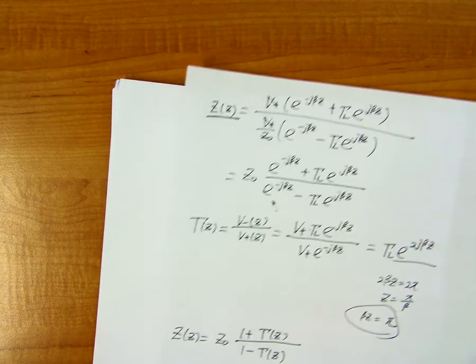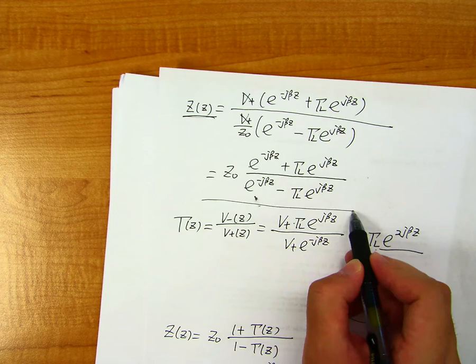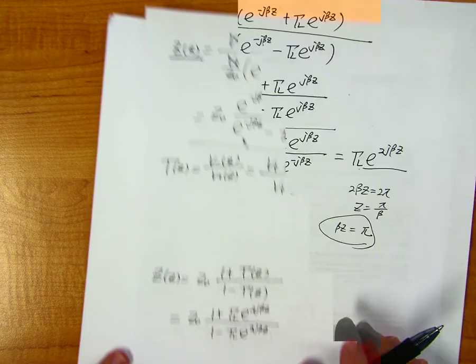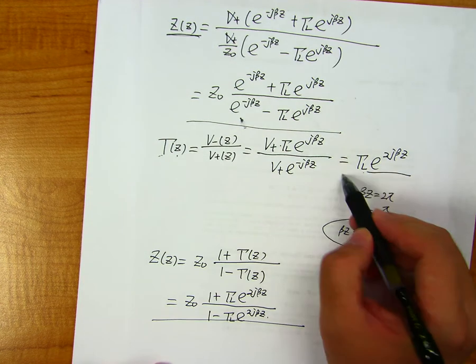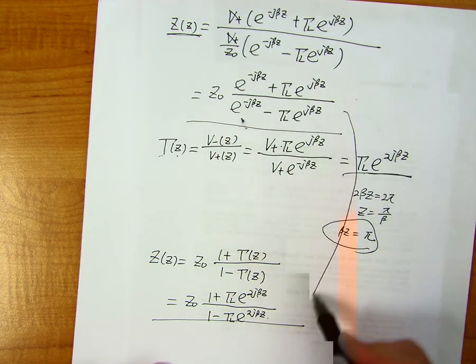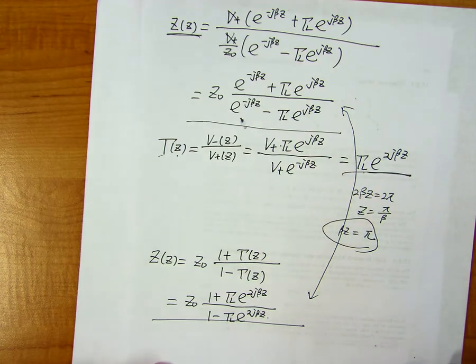Okay, so we have the other expression of Z here, and we have gamma of z here, and it's very easy for you to verify that these two expressions are the same.